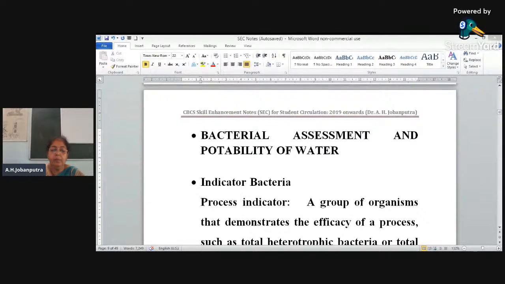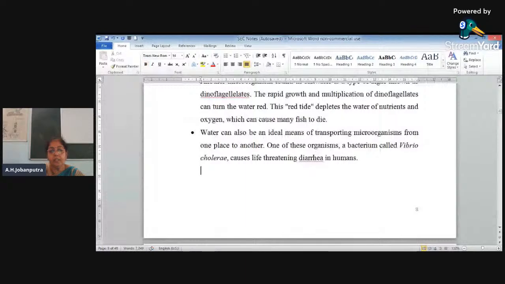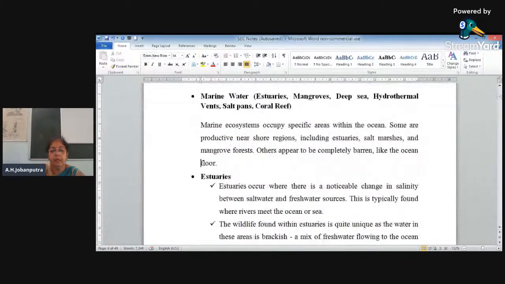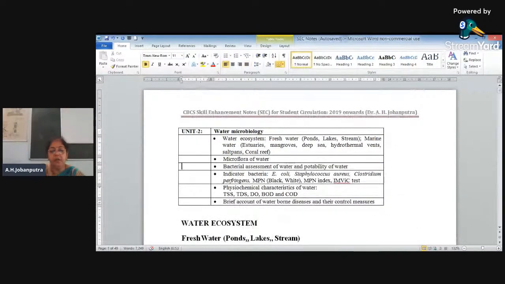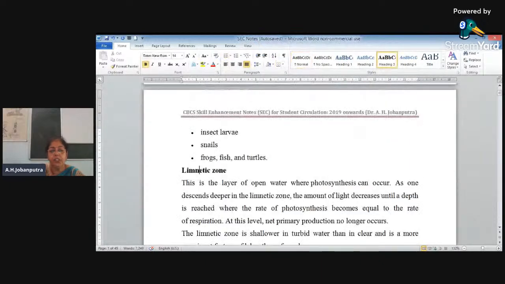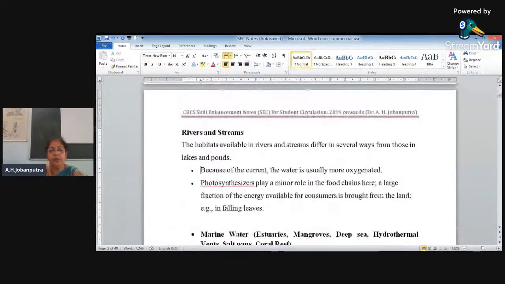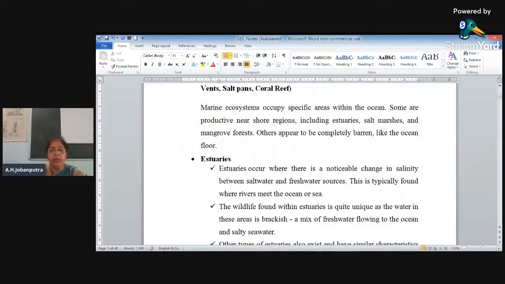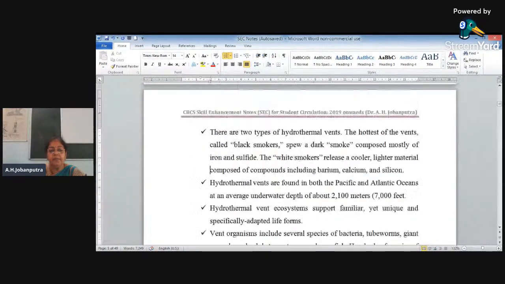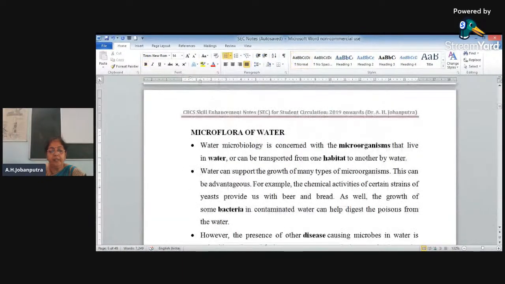Last time we finished two lectures. In the last lecture, we had seen the different zones in the water ecosystem, which involve the littoral zone, limnetic zone, profundal zone, fresh waters including rivers and streams, marine waters including estuaries, mangrove ecosystem, abyssal water column or deep sea, and hydrothermal vents, including coral reef.